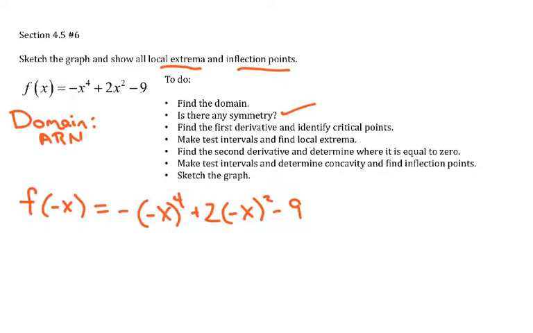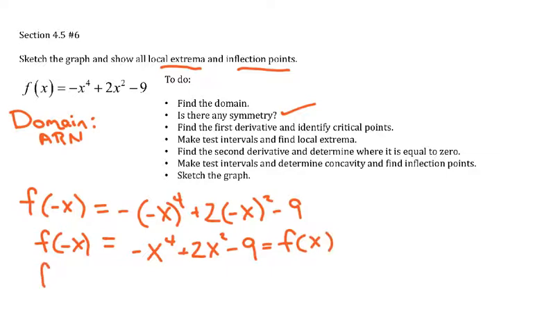So I plugged in negative x, and notice what happens. So f of negative x equals f of x. This means this is an even function. It has y-axis symmetry.